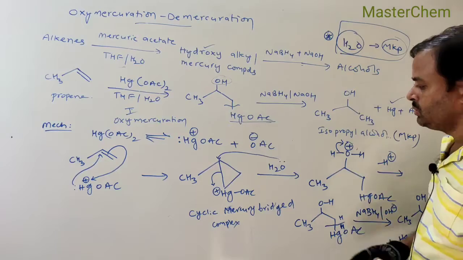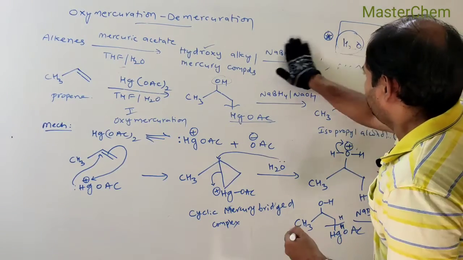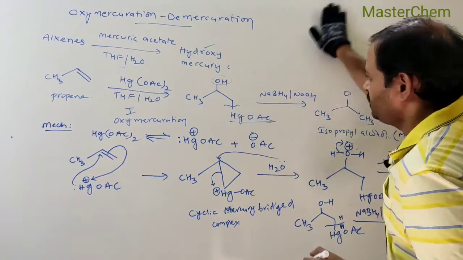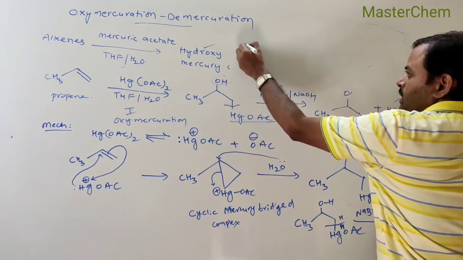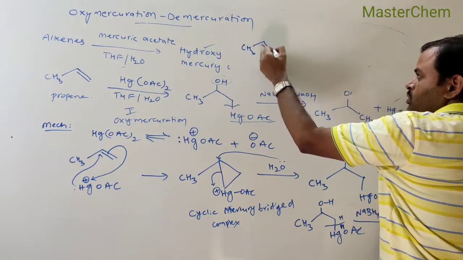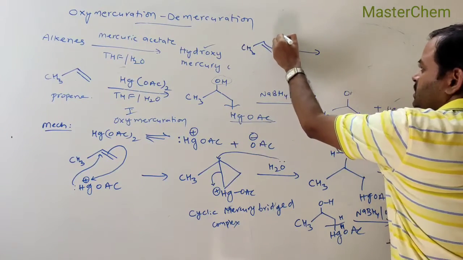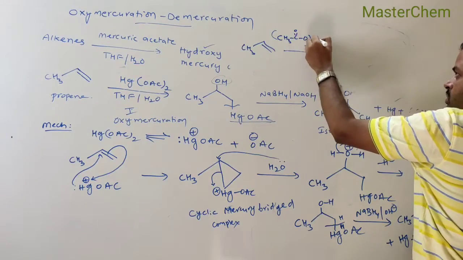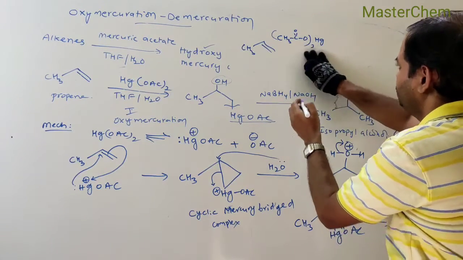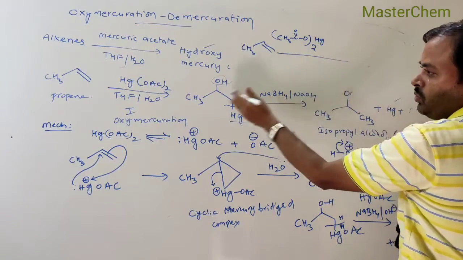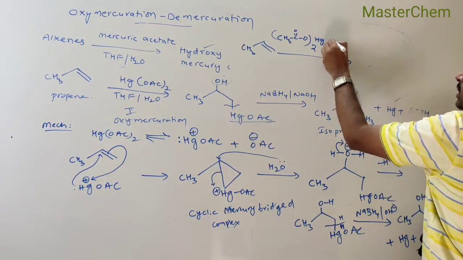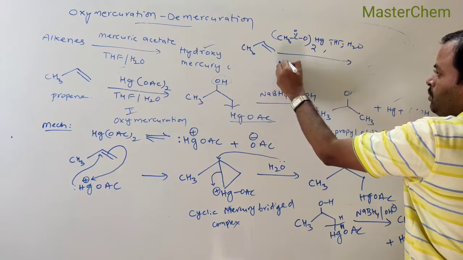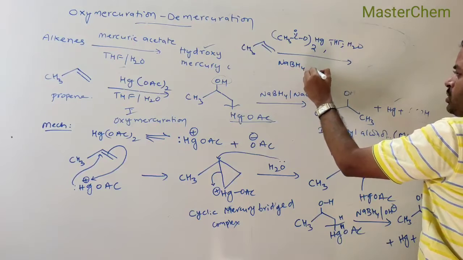Suppose in your examination a reaction is given as CH3 CH2, with CH3COO taken twice, Hg, that means Hg(OAc)2, then THF, H2O, and next NaBH4, OH minus.